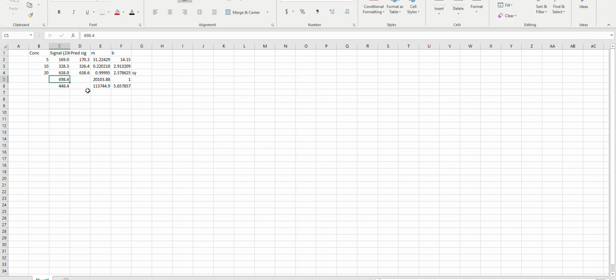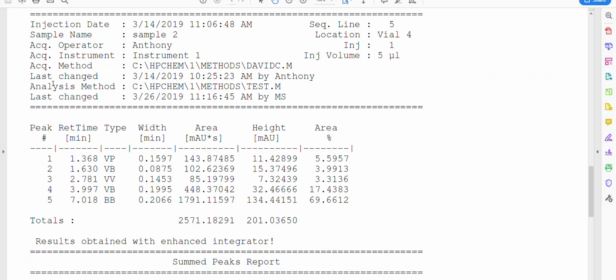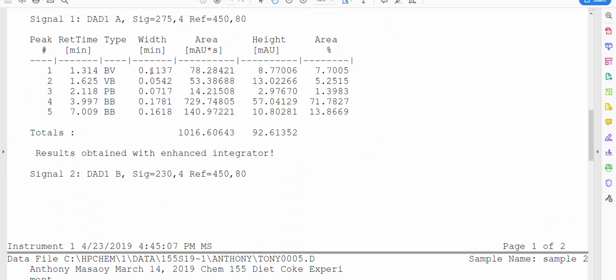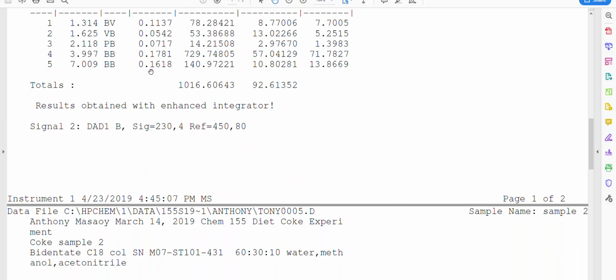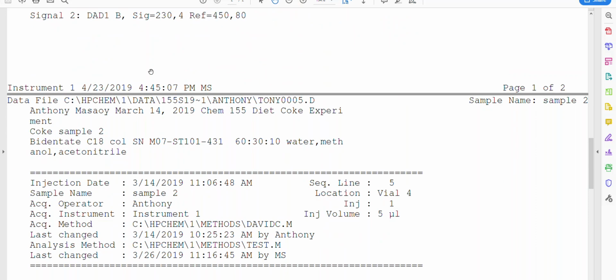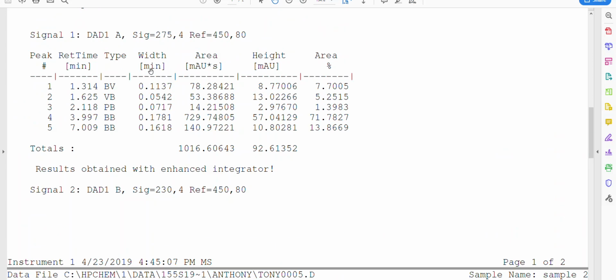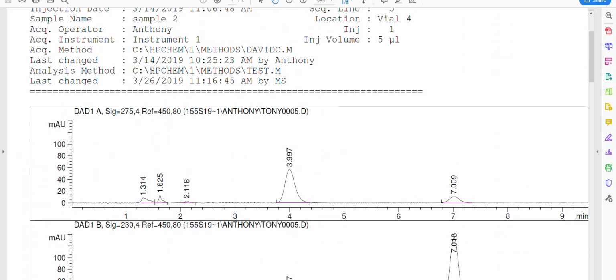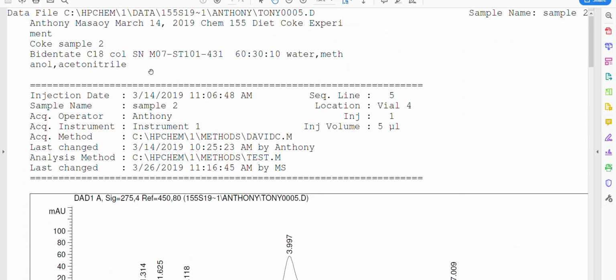And I just realized I made a mistake here because I took the 270 nanometer for this guy here. I'm going to go back, and I'm going to go up here to Tony 4. There's 275. Here's Tony 5.